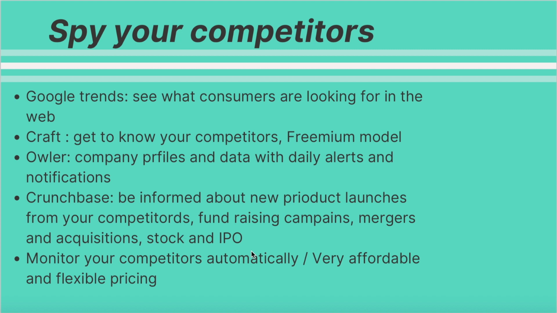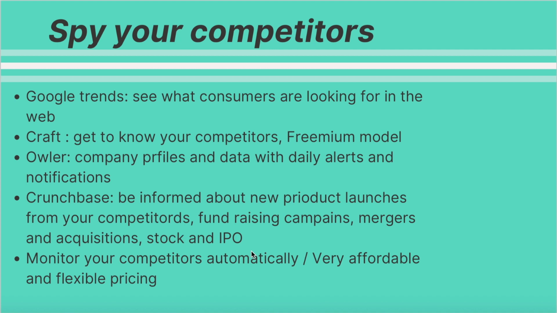So these web apps have really interesting information about, for example, the size of the company, how much revenue they make in different quarters, how much money they have raised, how many fundraising campaigns they have done, whether they have merged or been acquired by other companies, how many employees, who's the CEO, what are the rankings of the CEO, and also you can get a list of other direct and indirect competitors for that company.